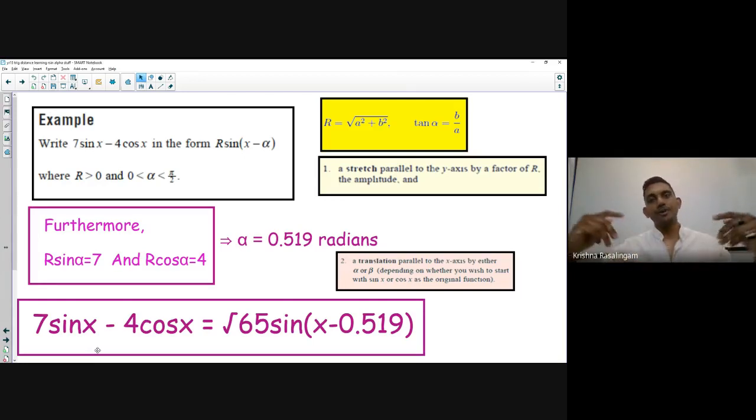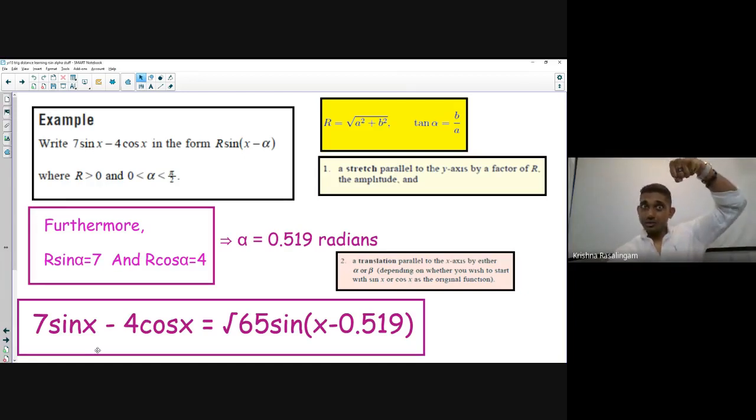So when we're talking about the graph, the resultant wave of 7 sin x minus 4 cos x has been stretched in the y direction by root 65. So it has a magnitude of root 65, and it's been shifted to the right 0.519 radians.